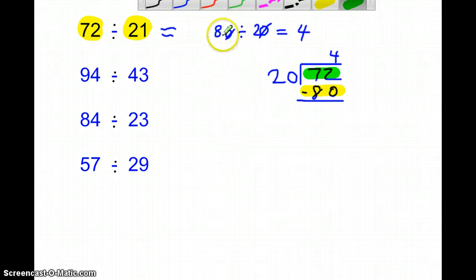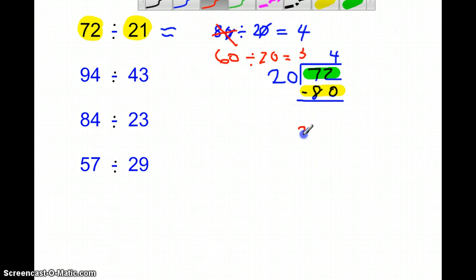So up here I chose a bad number. I shouldn't have chosen 80. I should have gone with 60. So let's try that. And 60 divided by 20 would have given me 3, right? So let's try that and see how close we get.